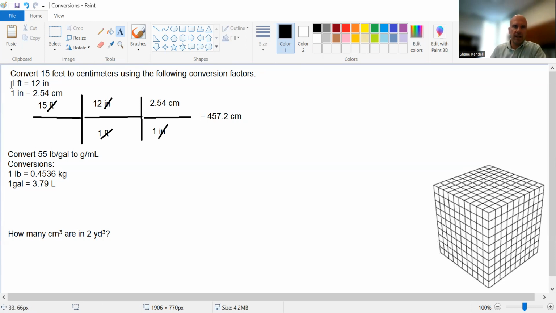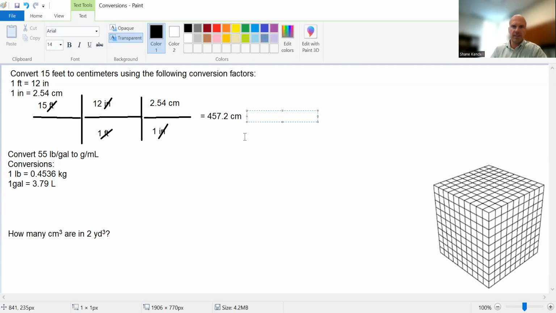In a way, these conversion factors have infinite significant figures, because this is the way they're defined. So when we look at the problem itself, it's only got 2 significant figures for 15. So I'd have to report this answer to 2 significant figures, and 460 would certainly be okay. Let me put another equal sign there.